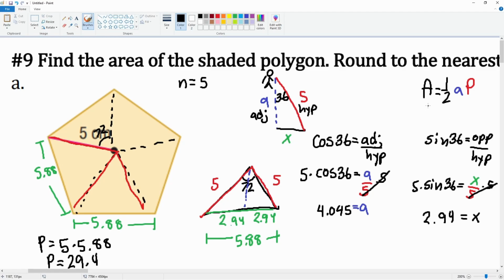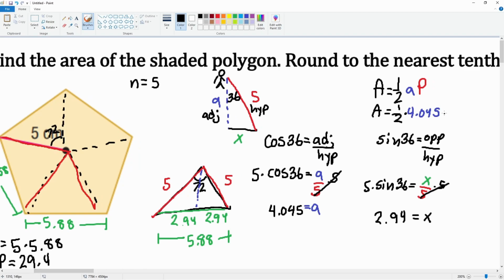Now I have enough information for my area. Area is equal to 1/2 the apothem, which I got as 4.045, times my perimeter, which is 29.4. Let me just move all of this down here.